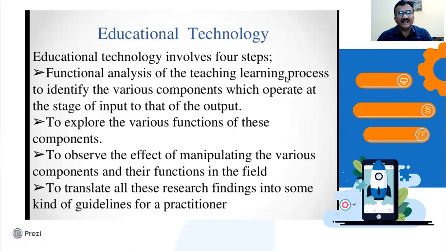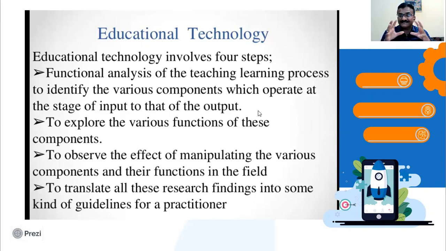The first one is identifying the components. The functional analysis of the teaching learning process to identify the various components which operate at the stage of input to that of the output. So in these cases, the functional analysis looks at what exactly fits the teaching learning processes and what type of components are operating in the input and also the output.